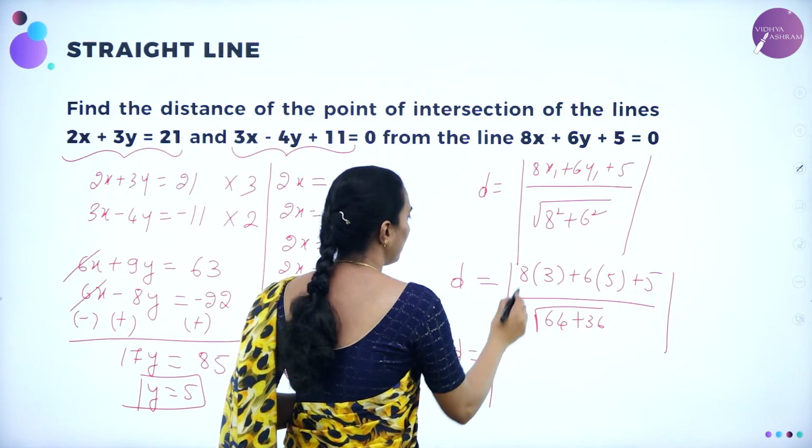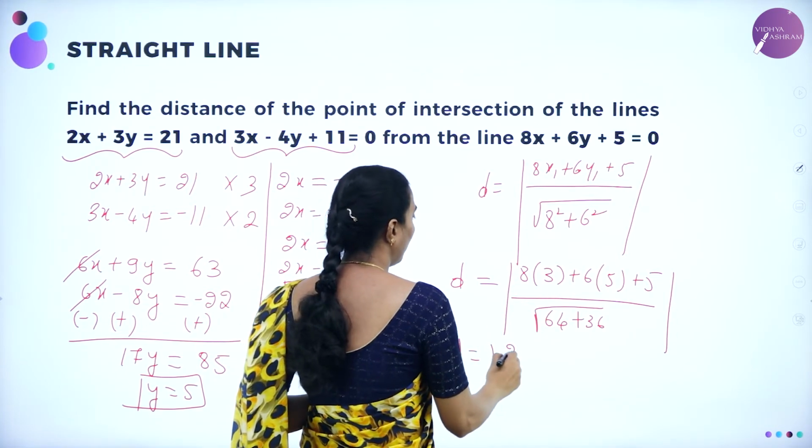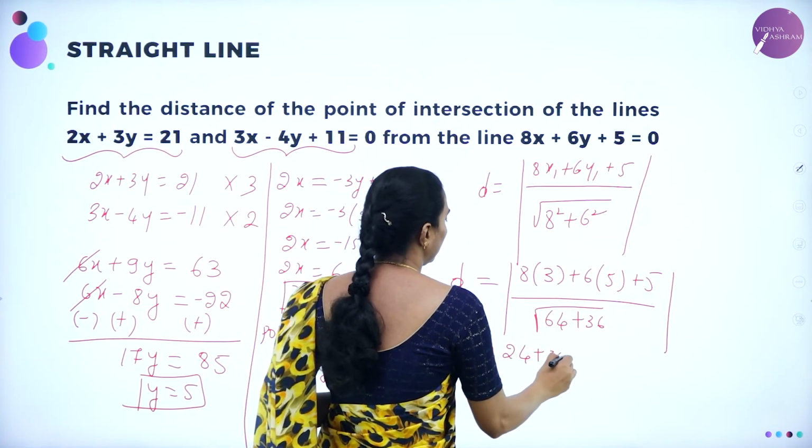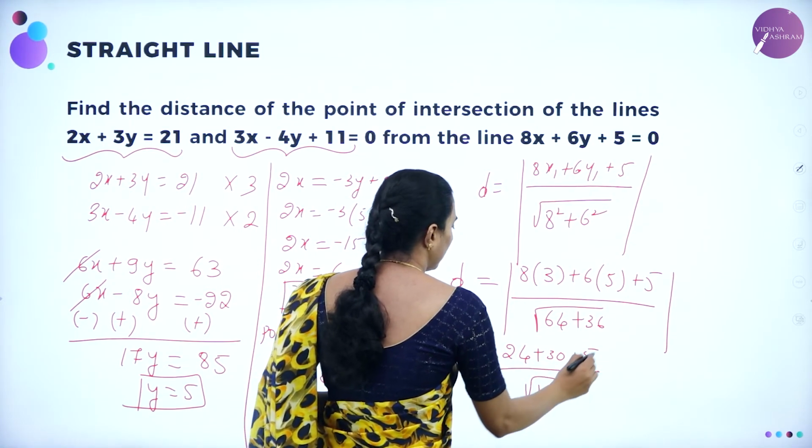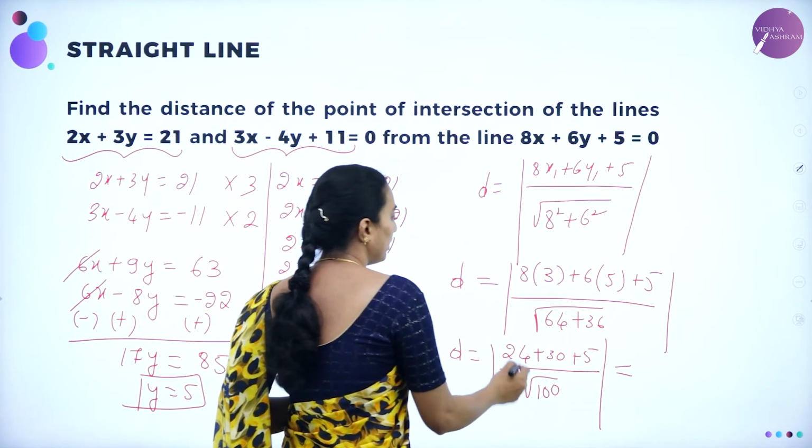D will be equal to 8 3s are 24 plus 6 5s are 30 plus 5 divided by root 100, which is 10.